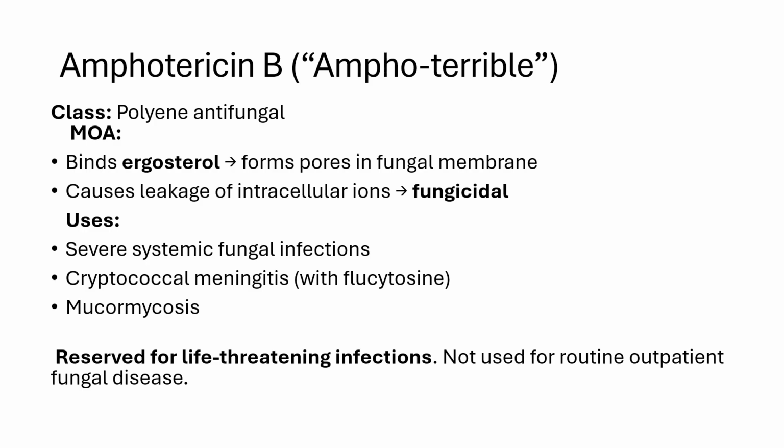Clinically, this is your big gun, so think of this for your very severe systemic fungal infections, which is why we have not seen this up to this point in clinical medicine, as we've only talked about dermatologic fungal infections.